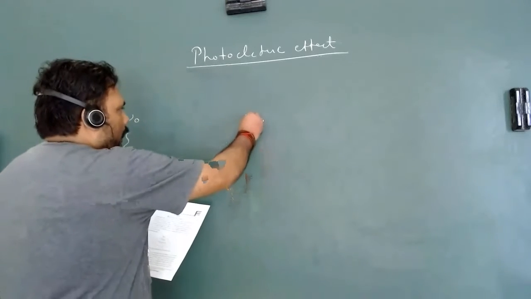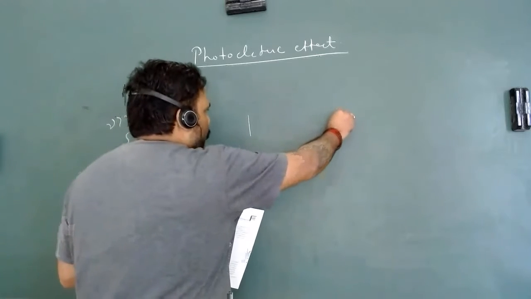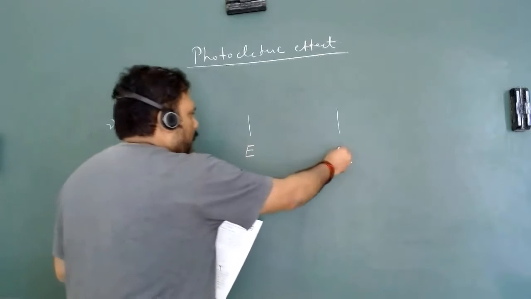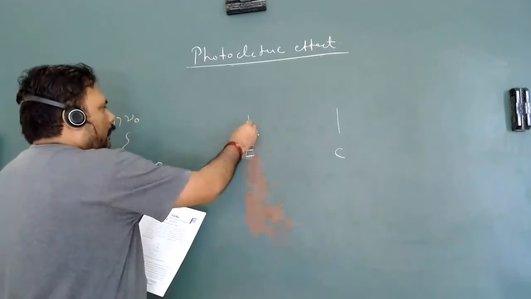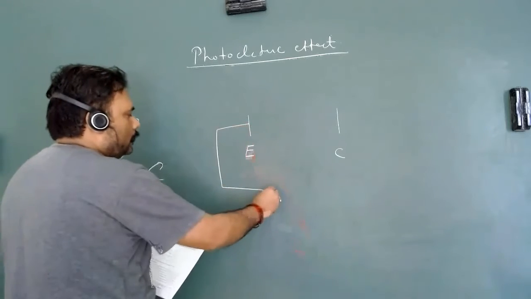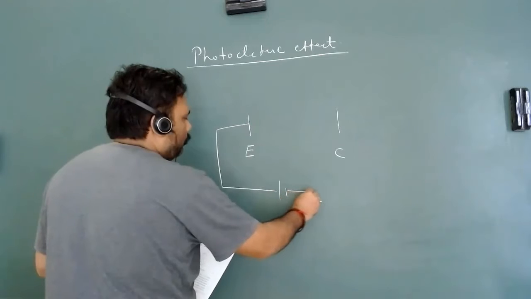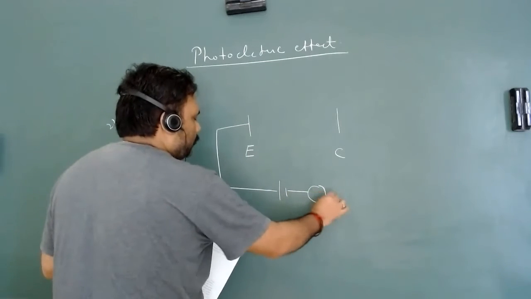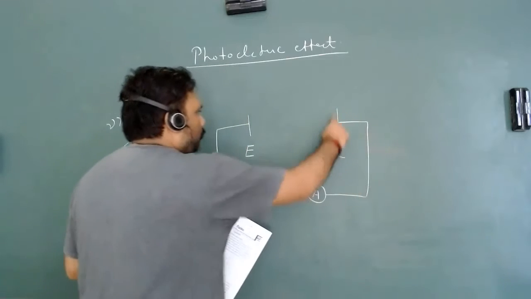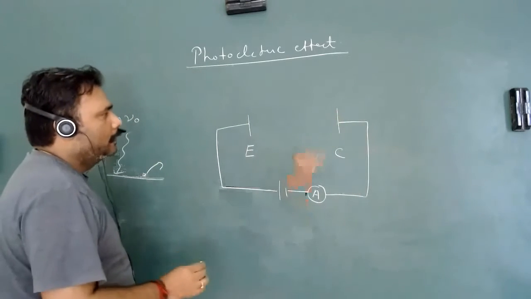So we have one metal plate and there is another metal plate. Let's say this is the emitter and this is the collector, and these are connected to some voltage, and obviously we have connected an ammeter.